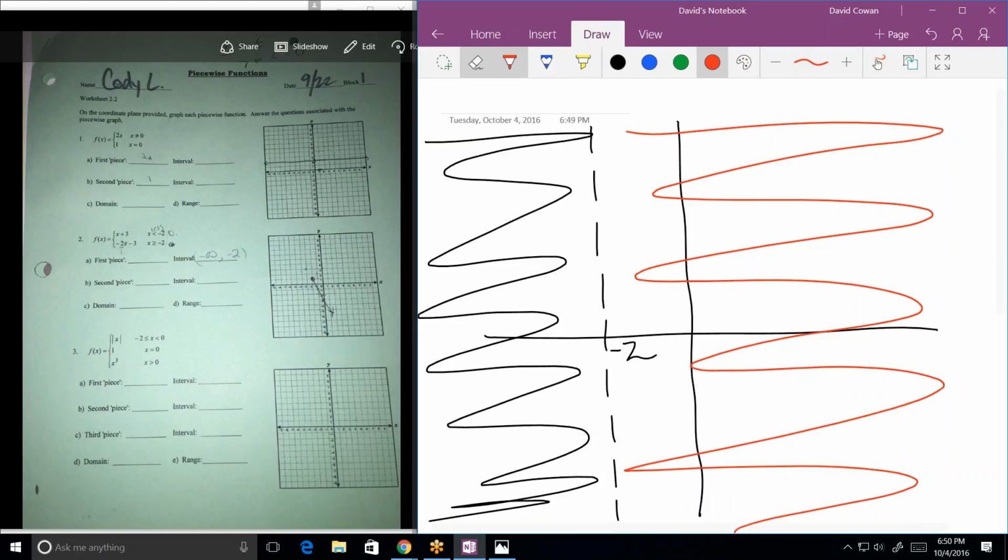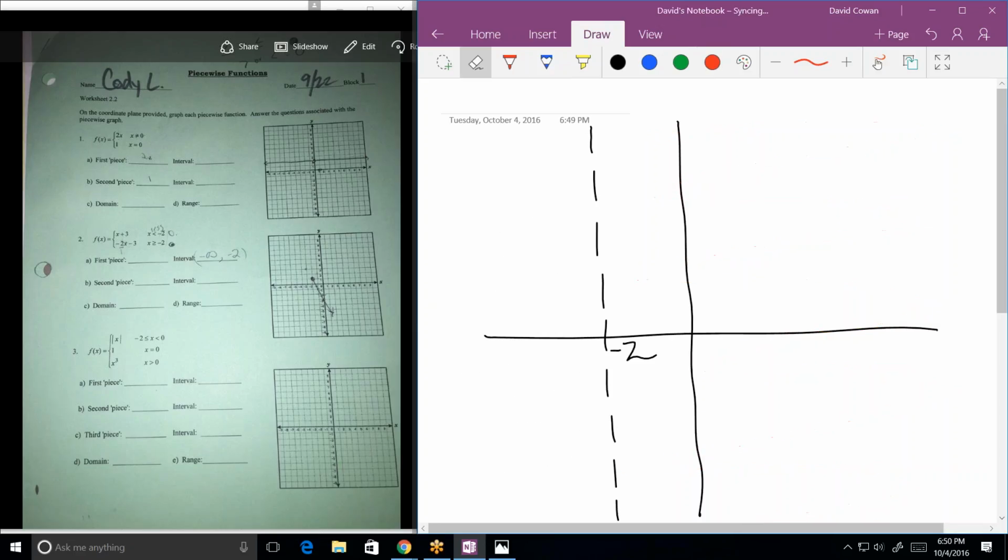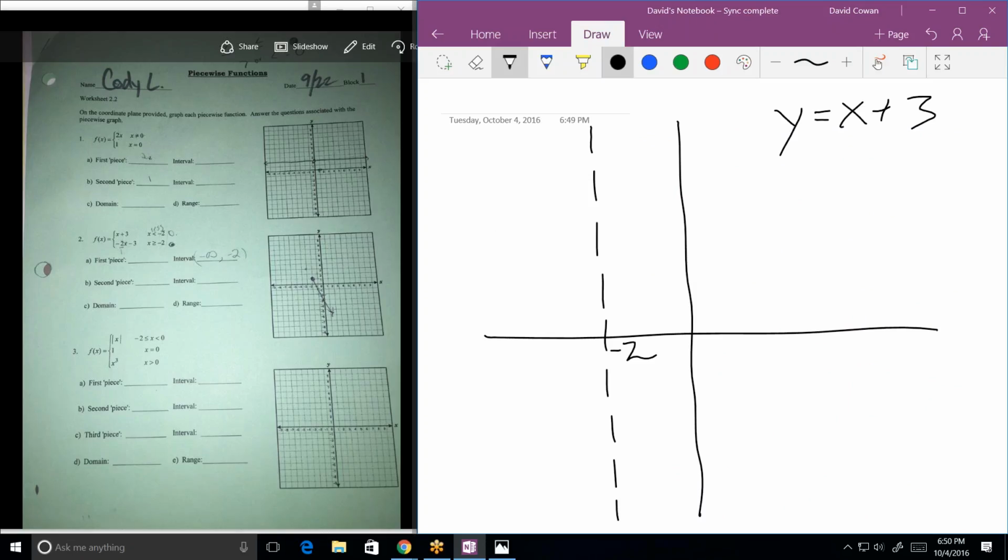All right. So let's graph to the left first. Now, notice that the left function is x plus 3, right? One way to do that would be, okay, we'll start at the y-intercept of plus 3. What's the slope?